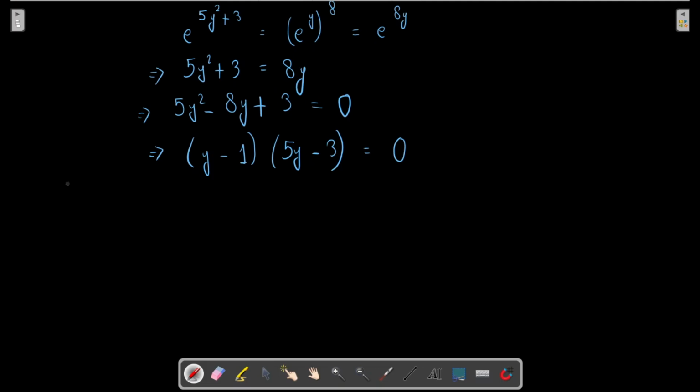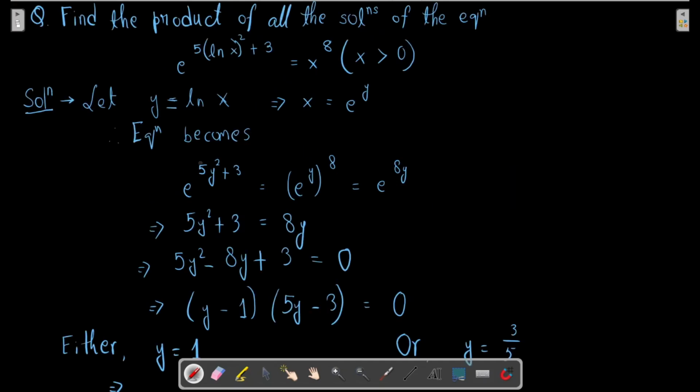So now the factors give either y equals 1 or y equals 3 upon 5. Again, what is y? y is ln x.